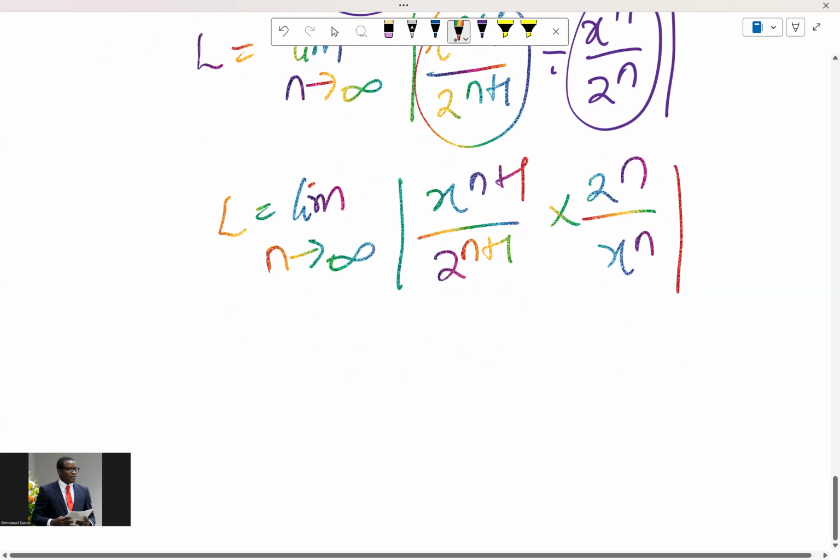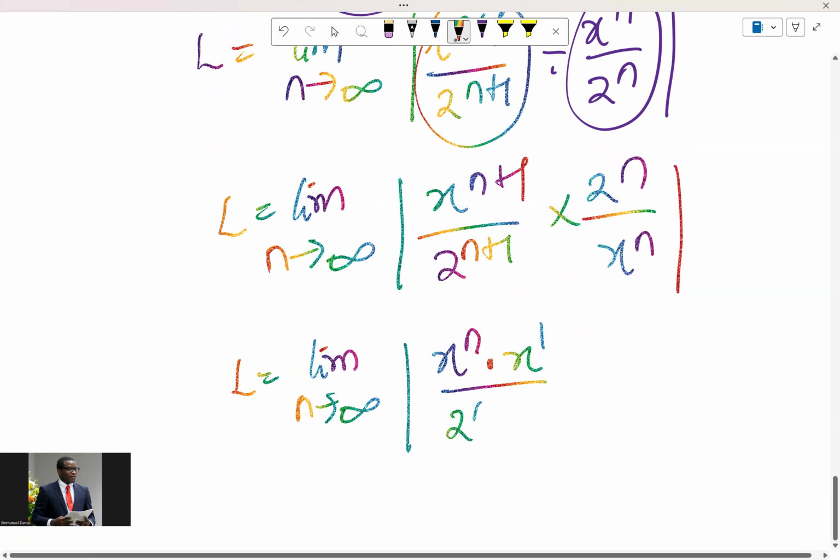Following the law of indices, we have x^n times x^1 all over 2^n times 2^1, times 2^n all over x^n. So x^n cancels x^n, 2^n cancels 2^n.